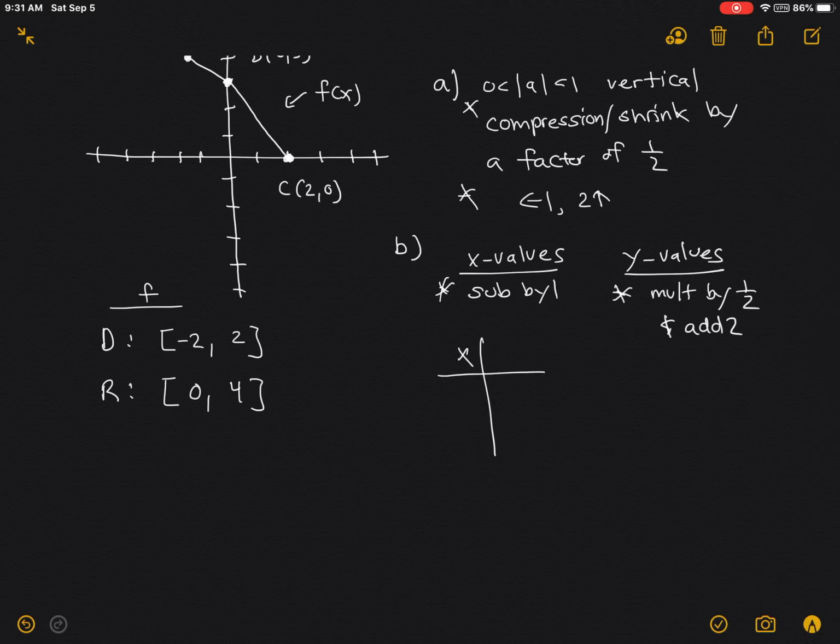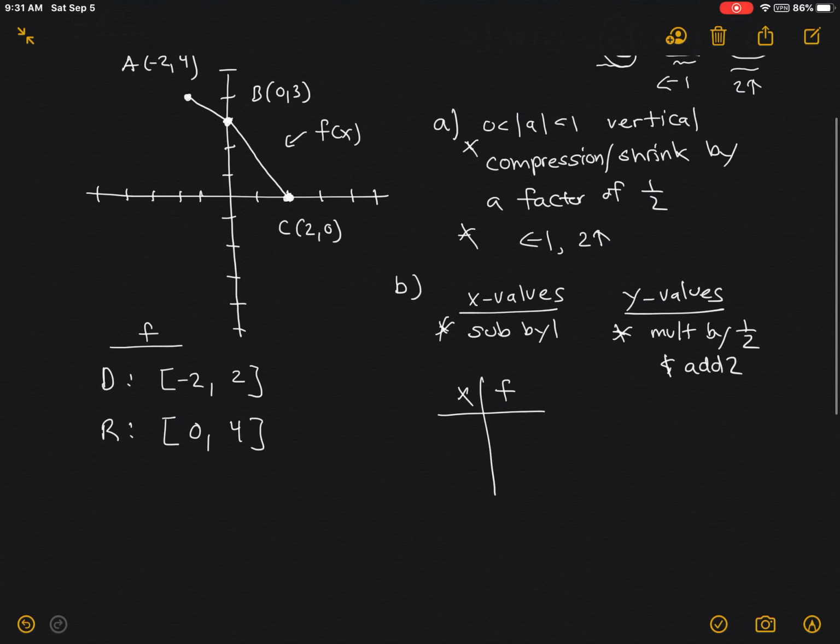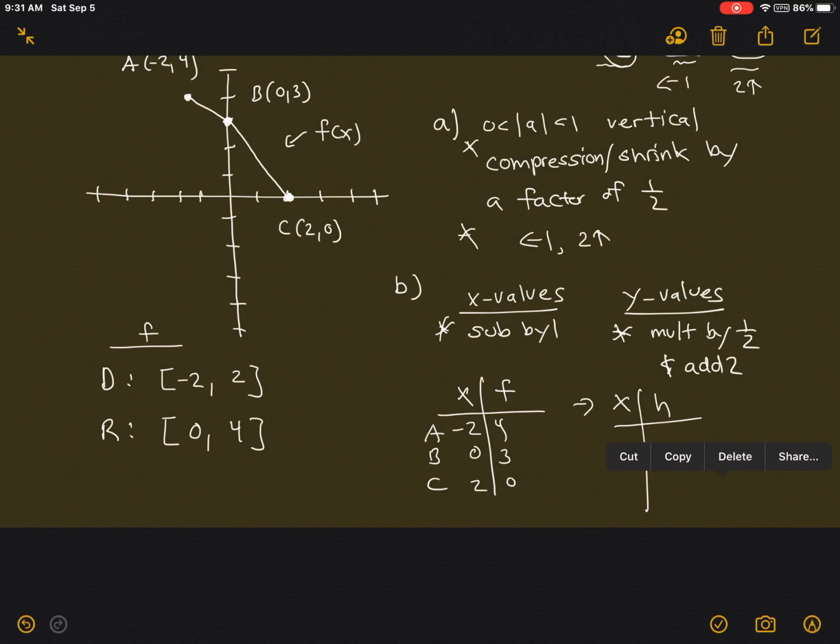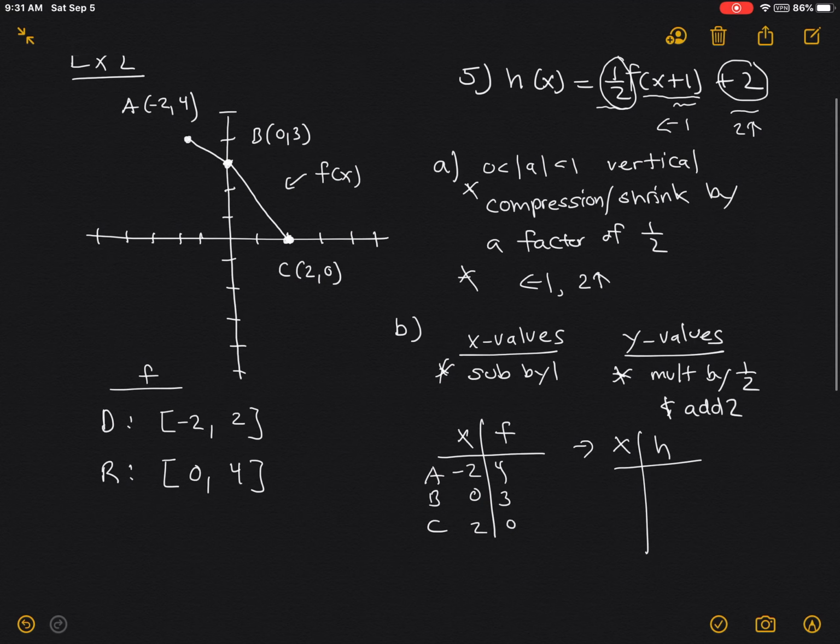All right, so let's actually do that. Our coordinates for our function f are -2, 4, 0, 3, 2, 0. This is my A, this is my B, this is my C. And let's actually do the operation now. The x values, I subtract 1. So -2 subtract 1 is -3. 0 subtract 1 is -1. 2 subtract 1 is 1.